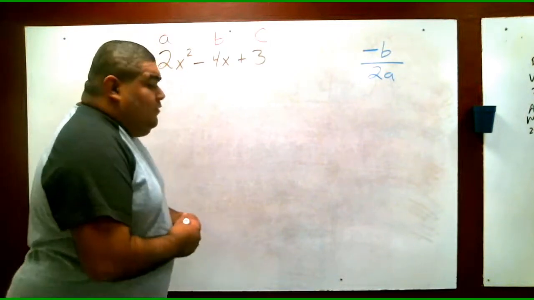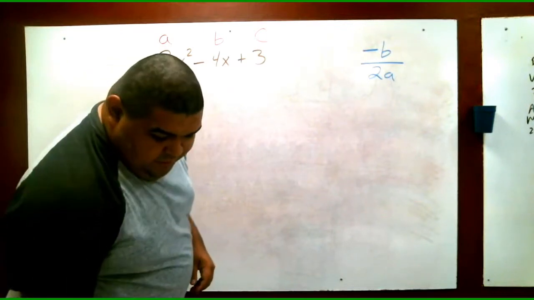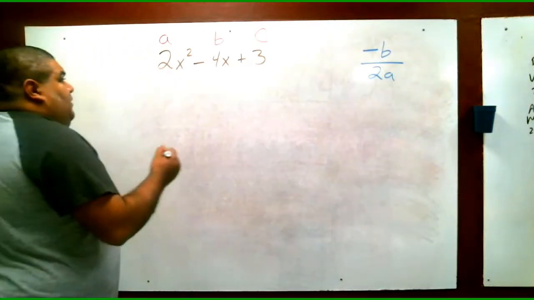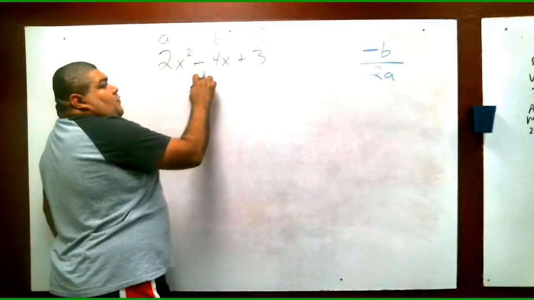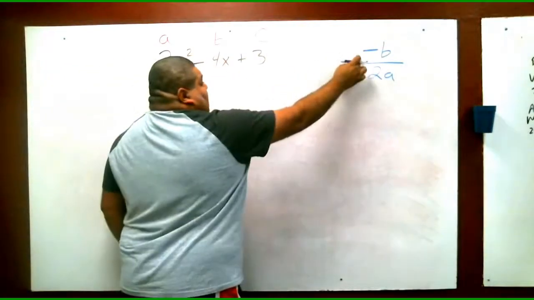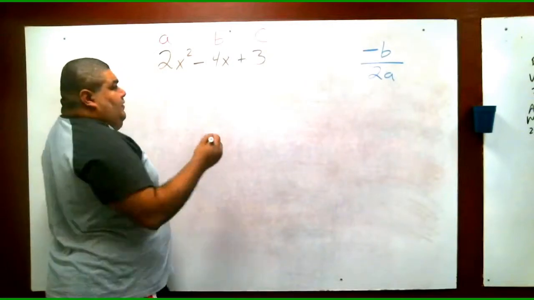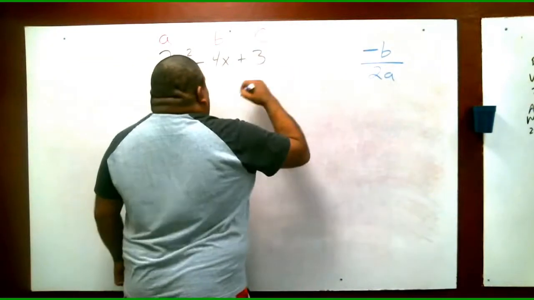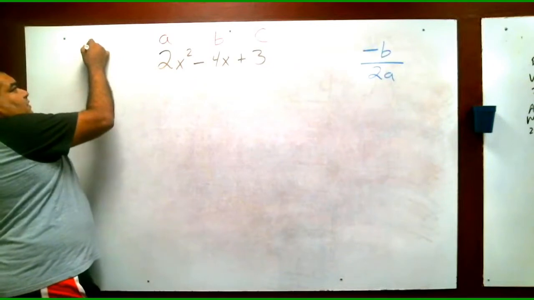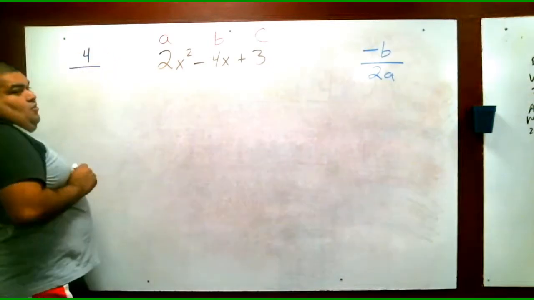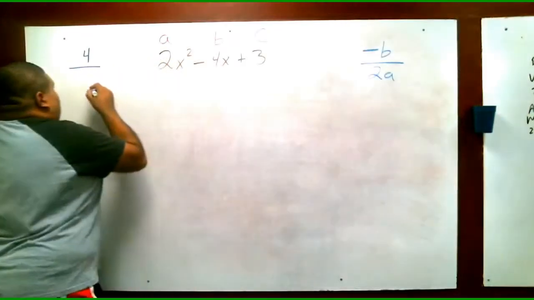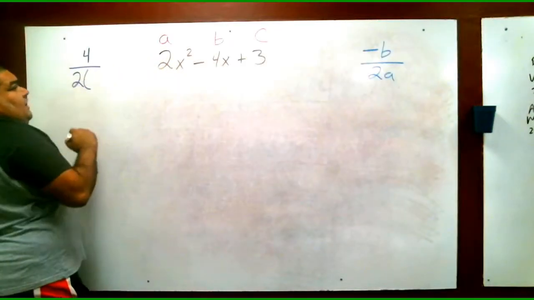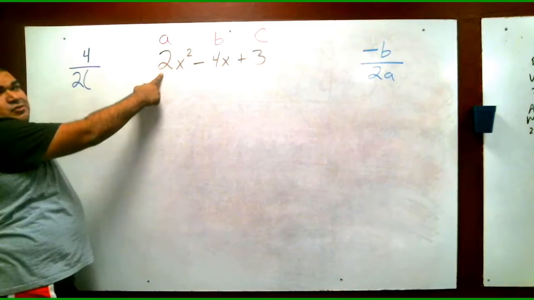Once we have it labeled, we can start plugging it in. Notice that we have a negative b and we have a negative 4. Negative times negative becomes positive. So we have 4 over 2 times a, which in this case is 2.